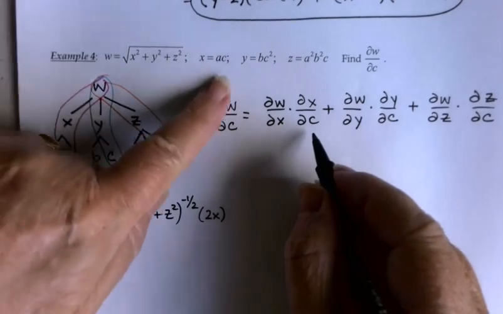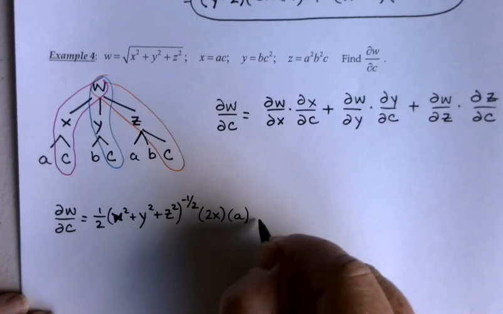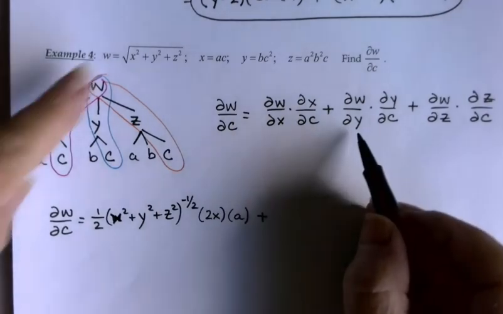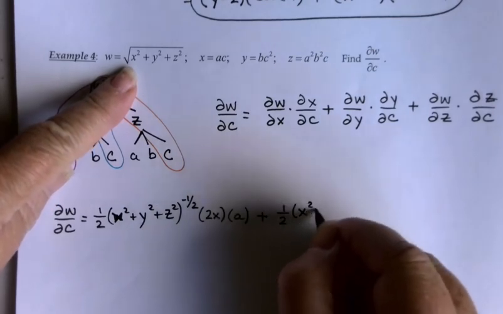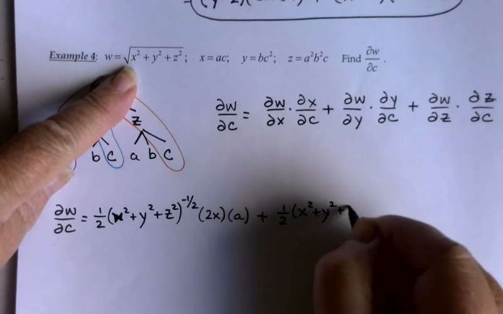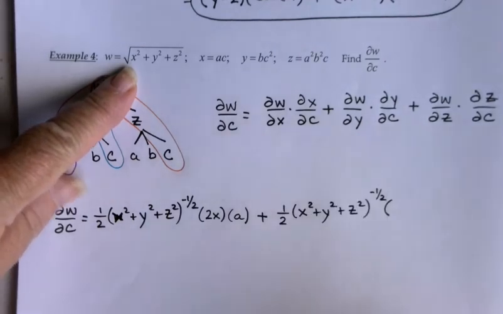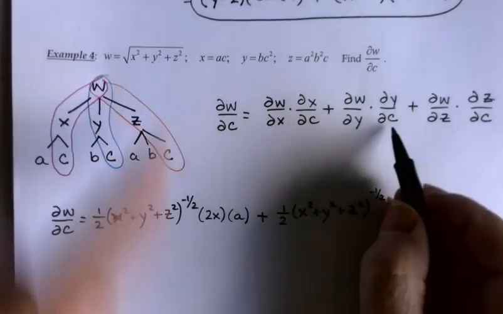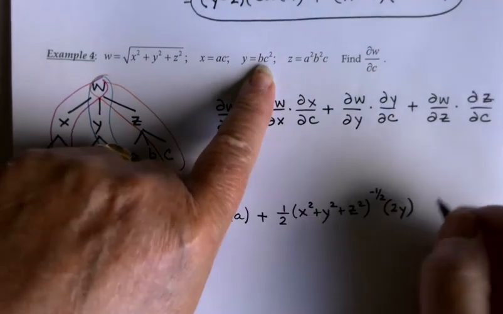And then dx dc, a times 1, or just a. All right, w with respect to y. Very, very similar. My chain rule this time, though, would be a times 2y. And then dy dc would be 2bc.